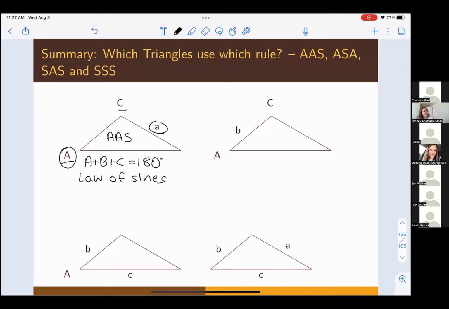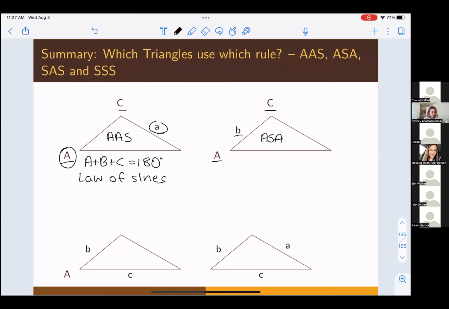Okay, what about the next triangle? We have an angle here, and then we know the side between them, and then another angle. This is angle, side, angle. Okay, what did we do here? Well, remember, we didn't have any opposing angle-side pairs to start.